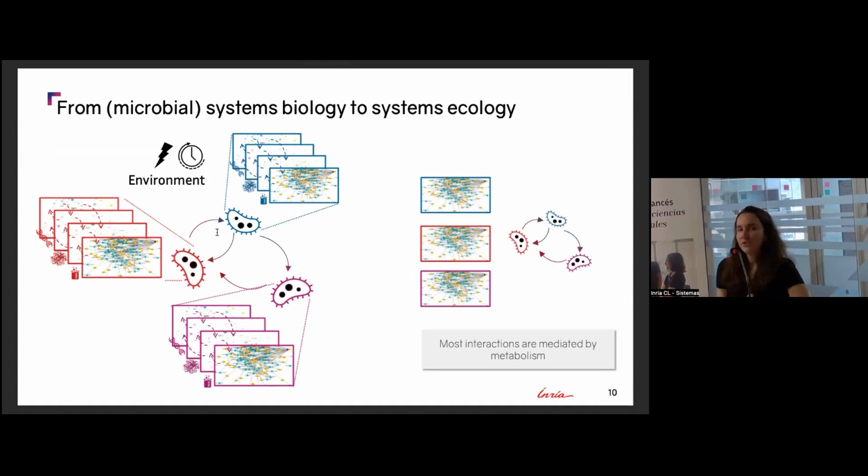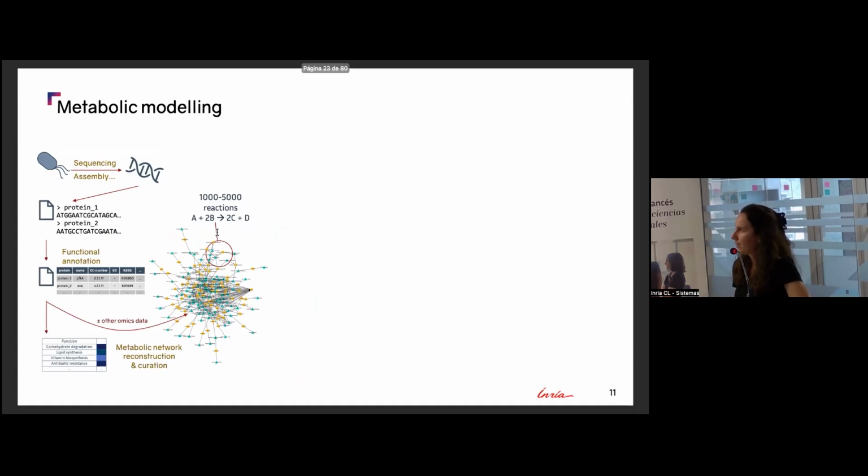And actually, most of the interactions are mediated by metabolism, that is the collection of functions, metabolic reactions, transforming molecules into others in the cells. So by looking at the metabolism, maybe we can get some hints about what occurs within the communities. So that's what we do with metabolic modeling.